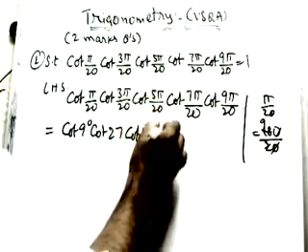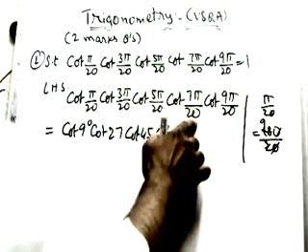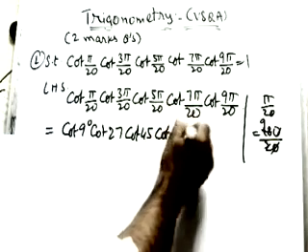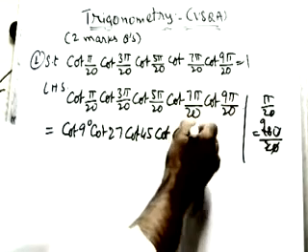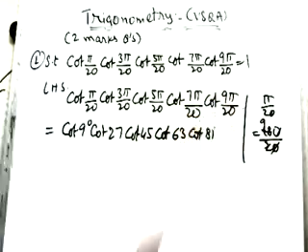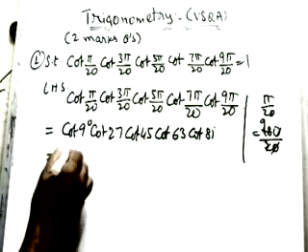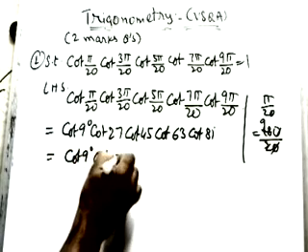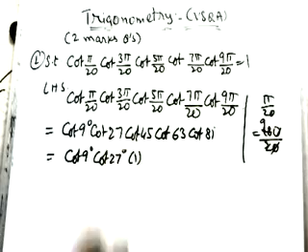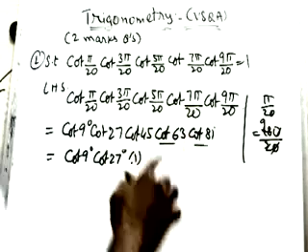Pi by 20 is 9, 9 fives are 45, cot 45. 9 sevens are 63, cot 63. 9 nines are 81, cot 81 degrees. See here, I am writing this as it is: cot 9 degrees, cot 27 degrees, cot 45, we know the value of cot 45 is 1.